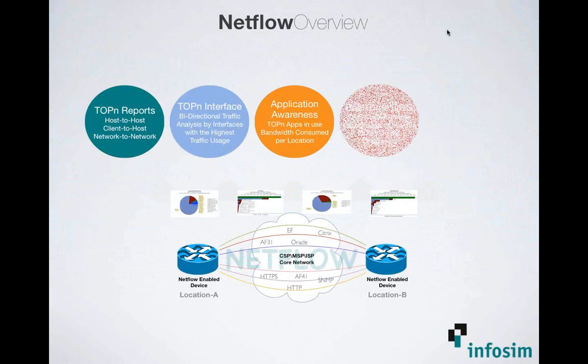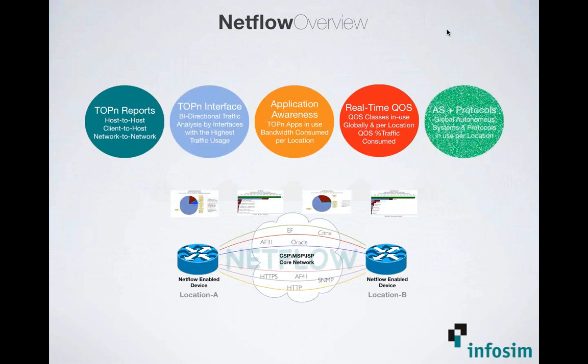With network convergence of voice, video and media services now demanding real-time application performance and packet acceleration through the use of QoS, being able to visualize the QoS markings and bandwidth consumption per marking on a given network or segment is fundamental to your QoS policy assurance and compliance. And being able to understand the autonomous systems and protocols in use, again per network, location or segment, is fundamental in building a baseline.